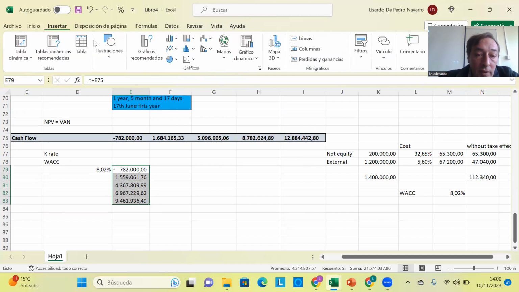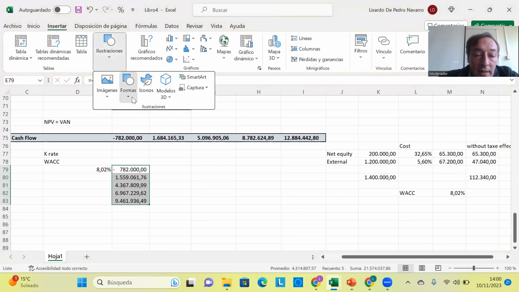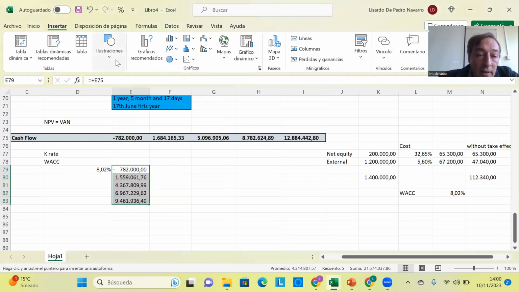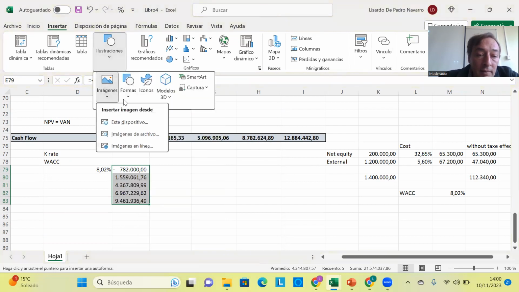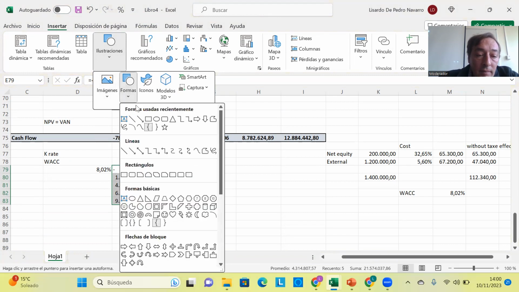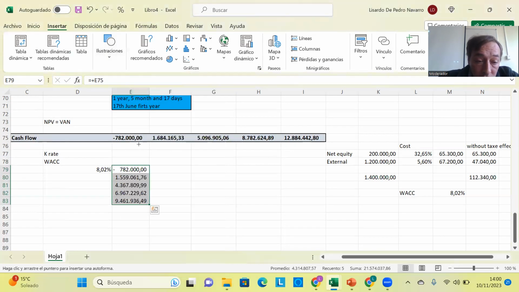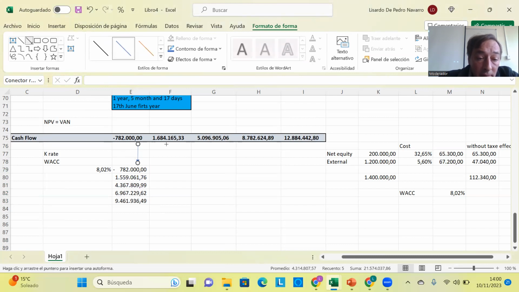I'm going to include here some lines in order to see this one is that one, and this one is this one. This one is going to be that one.